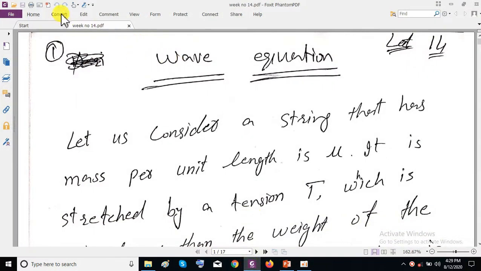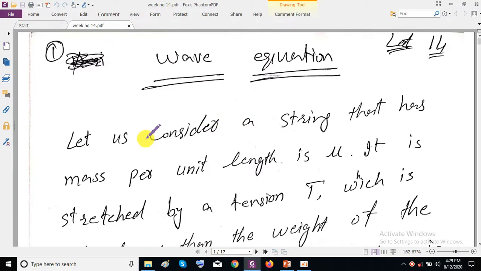Wave equation. Basically, a wave equation is a mathematical equation which shows the mathematical modeling of wave phenomena. So this equation represents the mathematical form of wave phenomena.